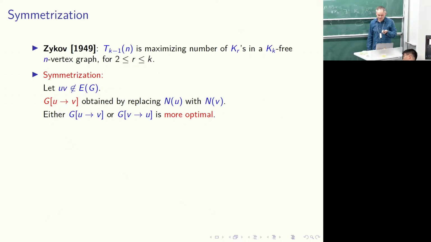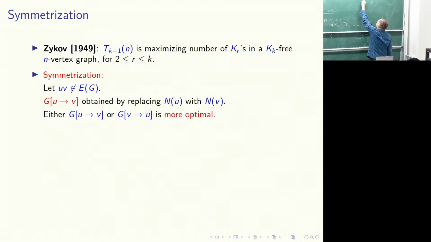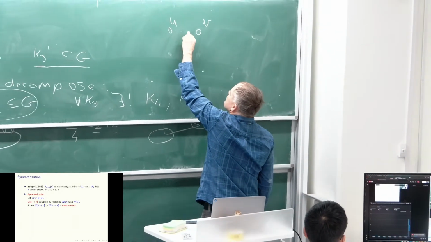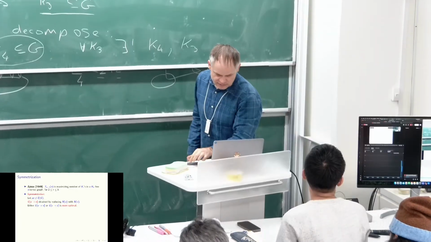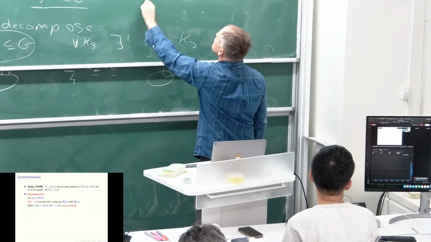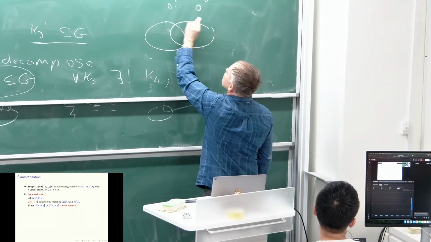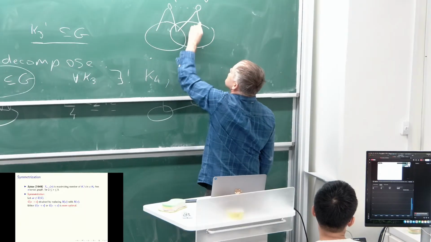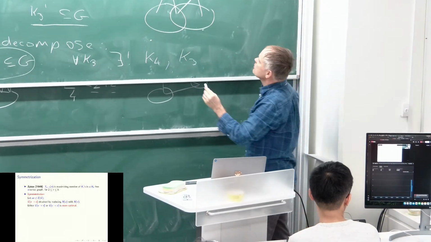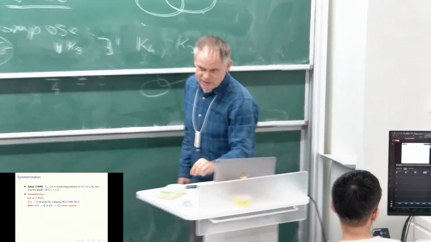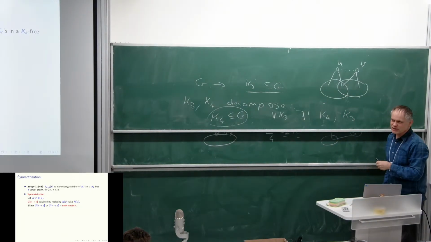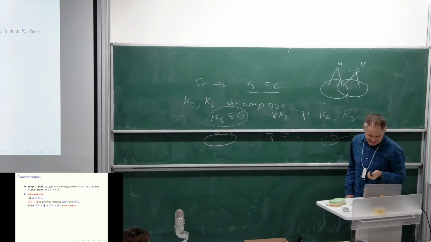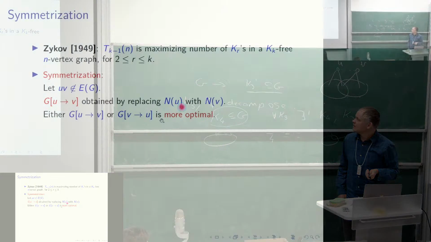The proof is practically along the line that we take two vertices u and v that don't have an edge between them, and then we look at the neighborhoods, and we either change u to be v or change v to be u. The change means that we are replacing the neighborhood.